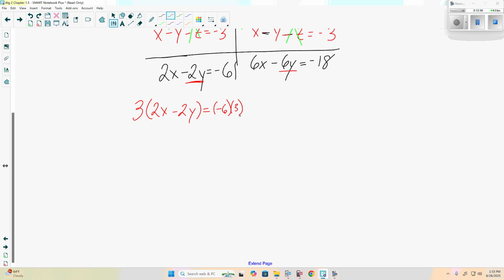So we picked the left equation to multiply it by 3 because it's easy to get it to be the same as the other y. Now, if there's not one, we have to multiply both equations by a number to get them to be the same. Now, 3 times 2x is 6x. 3 times negative 2y is negative 6y. Negative 6 times 3 is negative 18.